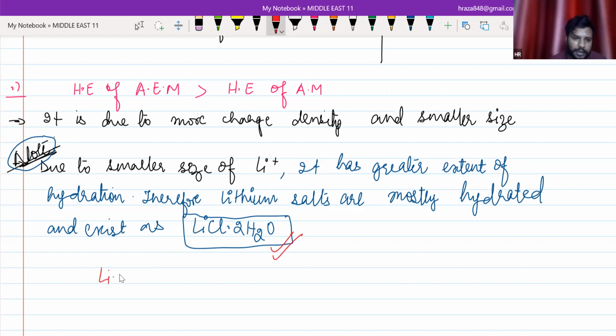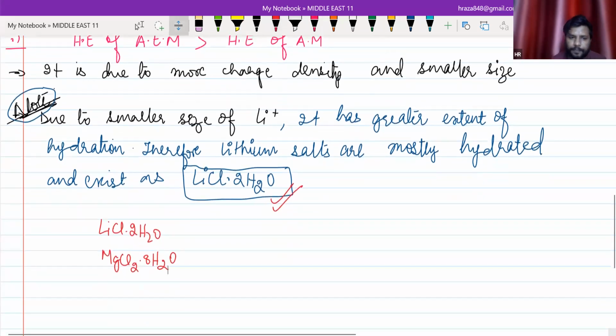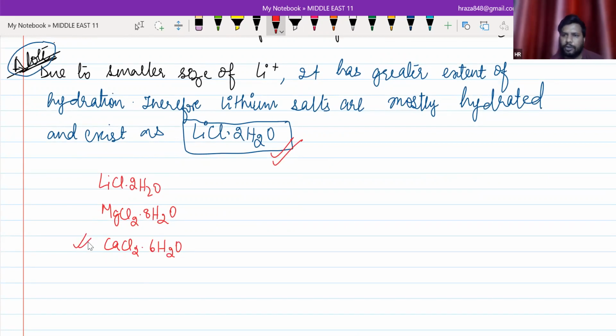So LiCl.2H2O I can write. In the same way, magnesium exists as MgCl2.8H2O. In the same way, calcium exists as CaCl2.6H2O. Down the group, hydration decreases because size increases.